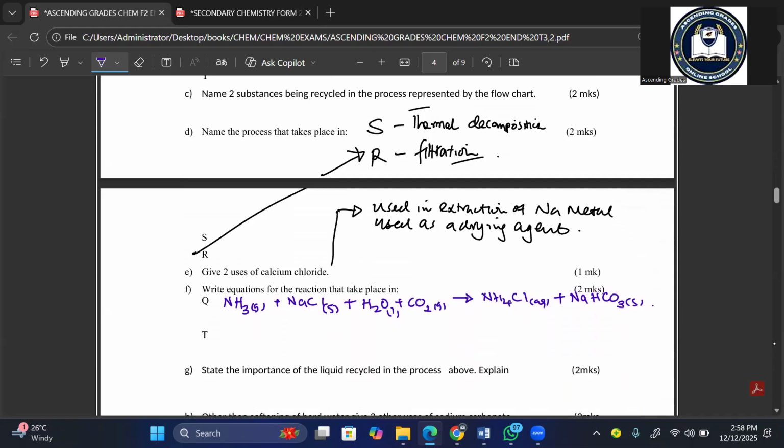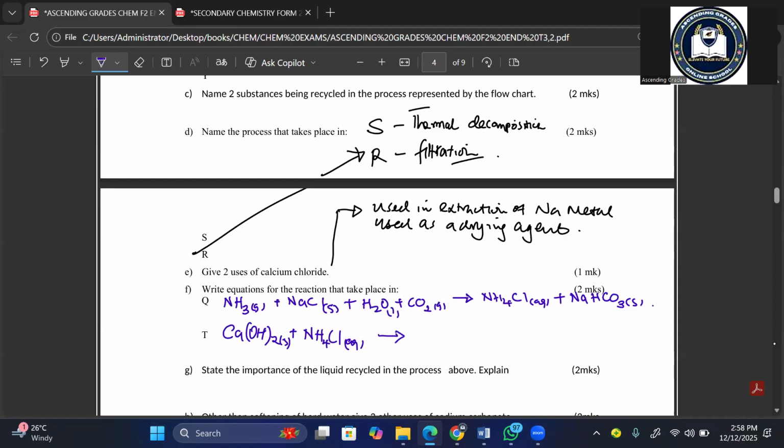So substance Y, which we said is calcium hydroxide, plus the ammonium chloride. I think, yeah, this one is supposed to be in solid state.